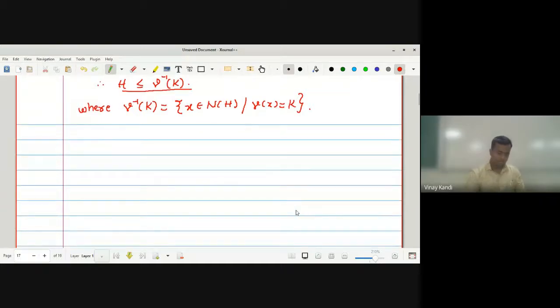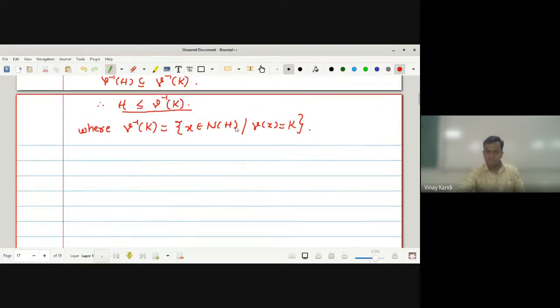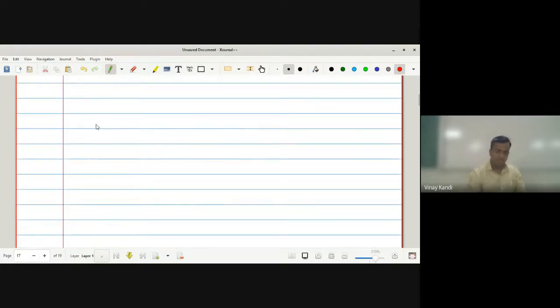And now look at here. If K is a subgroup of N of H upon H, then gamma inverse of K will be a subgroup of whom? Of N of H. Okay, hence here the gamma inverse of capital K is the subgroup of the normalizer of H, but that is the subgroup of G. Any doubt?